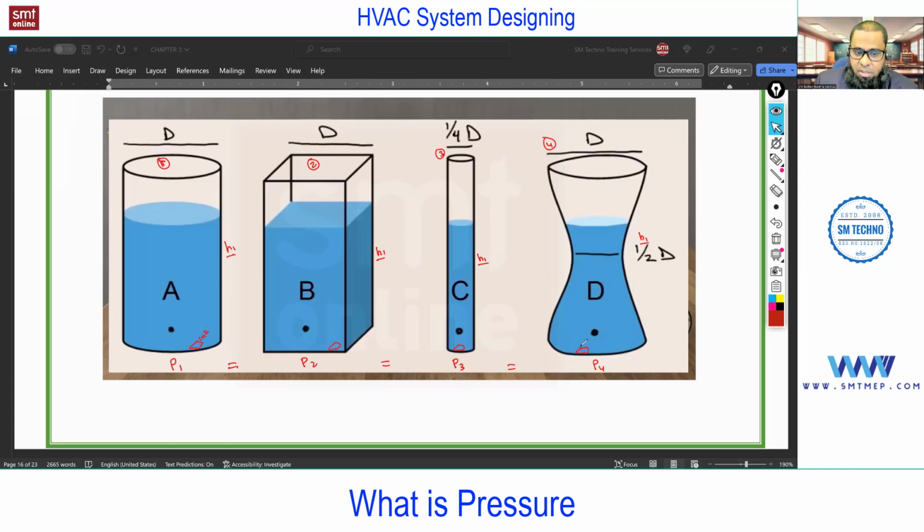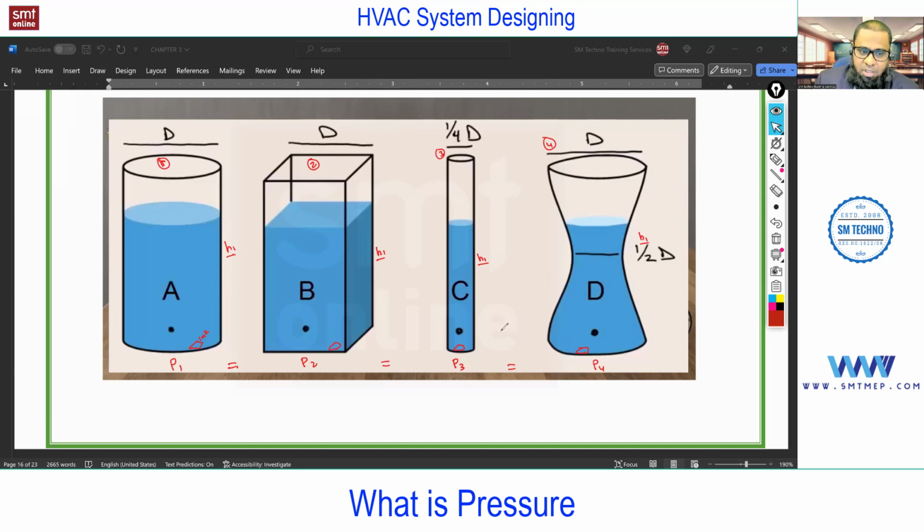So that's the reason. Remember, if the height of the liquid column is the same, whatever the shape of the vessel, that will not affect the pressure, because pressure is force per unit area. If you talk about the total force, that is going to be different, that depends on the volume. But the pressure is going to be the same in all the containers, because pressure is force per unit area.